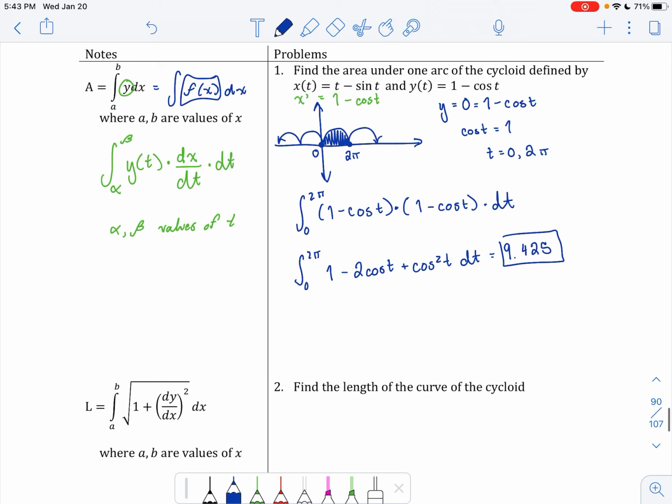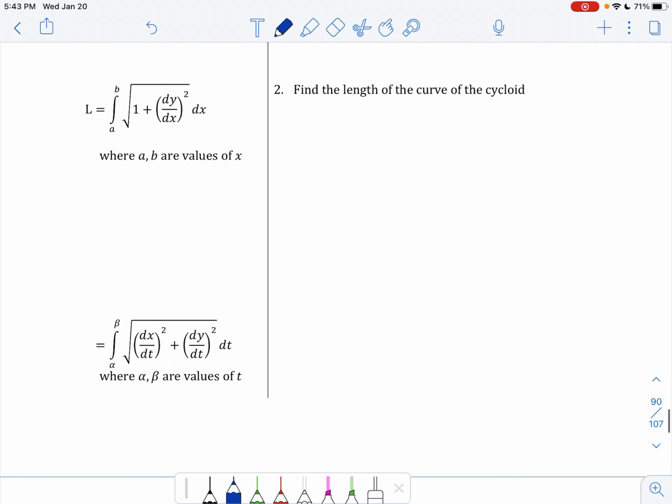Now the other thing that you'll be asked to do with parametric is to find the length of the curve of the cycloid. So the cycloid is the picture from above. We're going to use the same functions. Now if you recall, the length of the curve formula is just coming from the distance formula. The distance formula is the square root of the difference in x values squared plus the difference in y values squared.